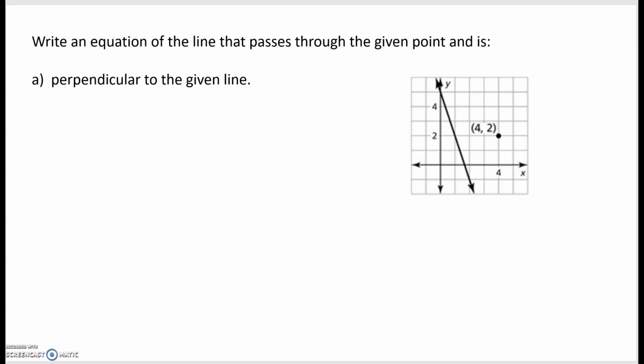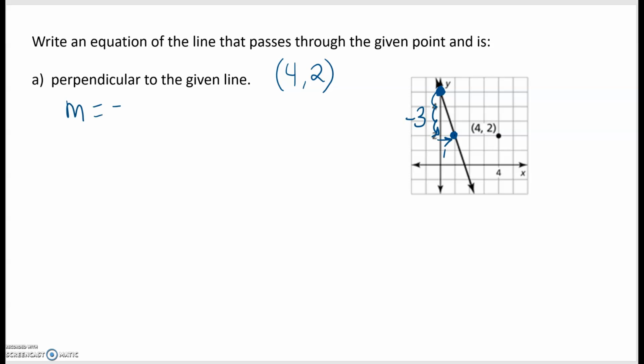Okay, remember this picture from yesterday? It says write an equation of a line that passes through the given point, which again, just like yesterday, is (4, 2), and is perpendicular to the given line. So yesterday, we looked at our picture, and we said the slope of this line, I was going down 3 and over 1.